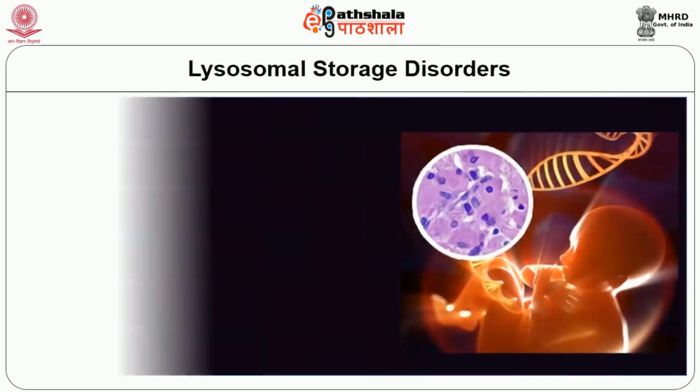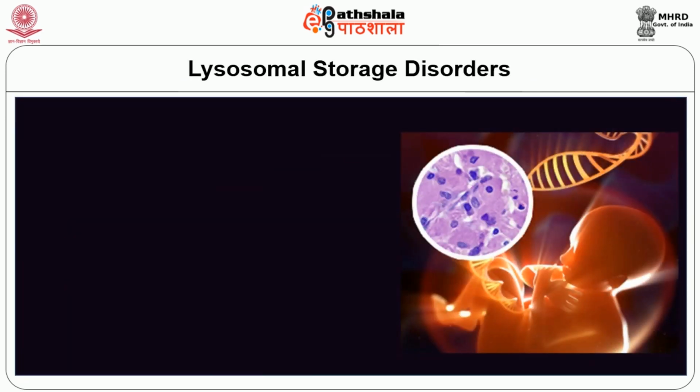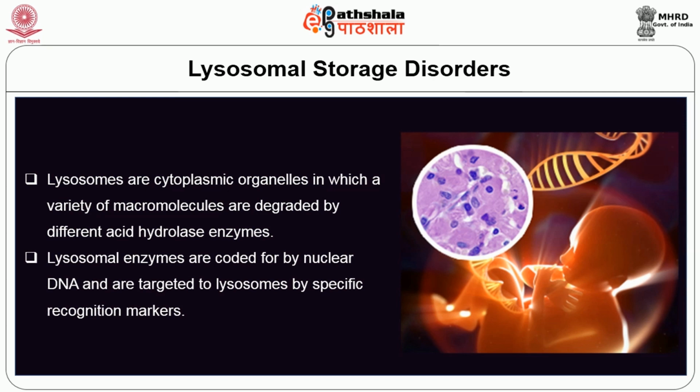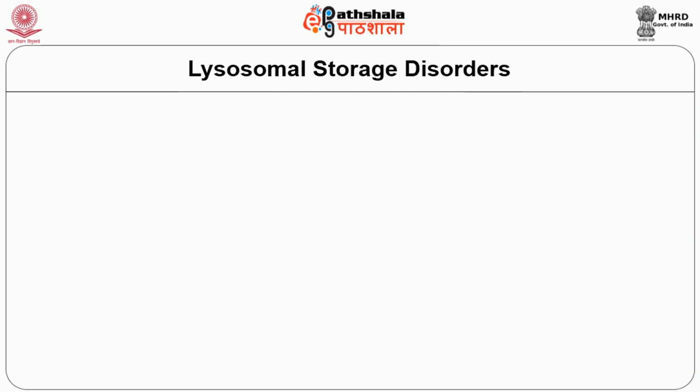Next comes the second type, that's the lysosomal storage disorders. Lysosomes are cytoplasmic organelles in which a variety of macromolecules are degraded by different acid hydrolase enzymes. Lysosomal enzymes are coded for by nuclear DNA and are targeted to lysosomes by specific recognition markers.